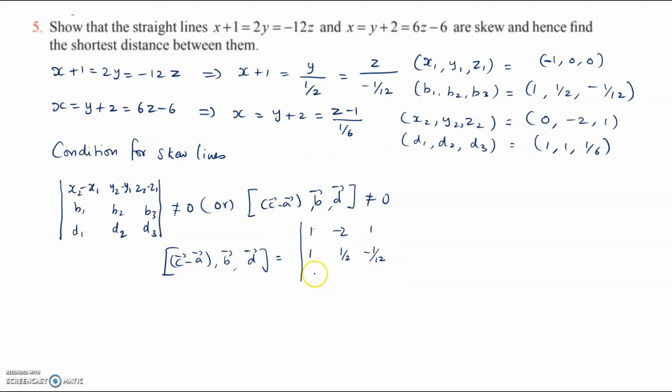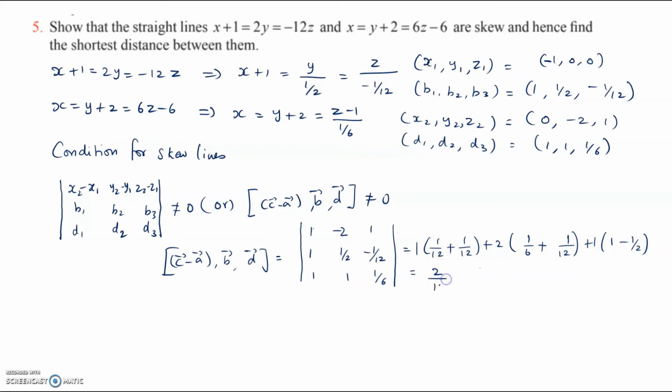And d1, d2, d3 are 1, 1 and 1 by 6. So simplifying this, 1 into 1 by 6 into 1 by 2 will be 1 by 12, minus into minus plus 1 by 12, minus into minus 2 will be plus 2 times 1 into 1 by 6 is 1 by 6, minus into minus is plus 1 by 12 plus 1 times 1 minus 1 by 2.